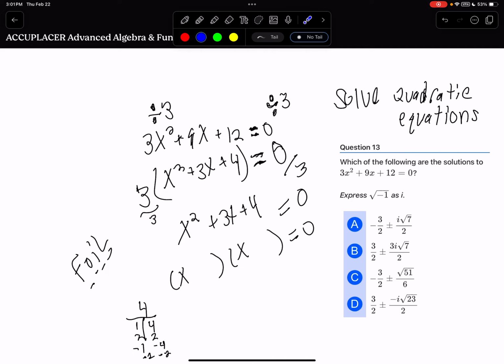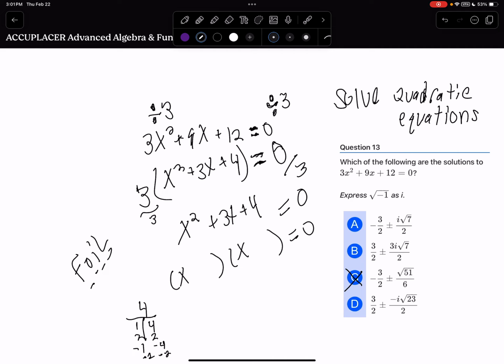So your answer is going to have imaginary numbers in it, which tells me right now that there's no way it could be that one, because there is no imaginary number in C. Right? There are only imaginary numbers in the other problems. But I still have to be able to do it. So how can I do it? Right?